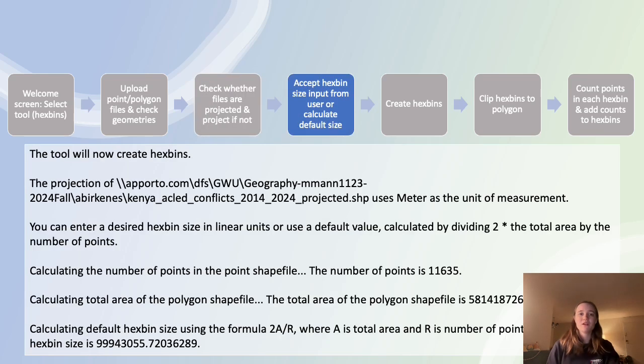The next step from here is to take in the user's preferred hexbin size, or to calculate a default size. So I'm seeing in the tool printout that the unit of measurement for UTM is meters.